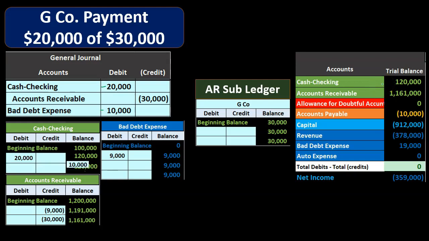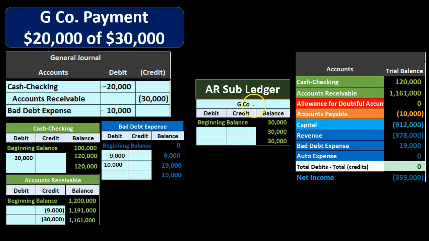And then we have the bad debt, which is going to go from the $9,000 up by $10,000 to $19,000. That, of course, is over here on the trial balance as well. Note that we are increasing bad debt expense at this point in time, that being the difference, that then affecting net income going down. We also want to remember that we will be recording something to the subsidiary ledger.